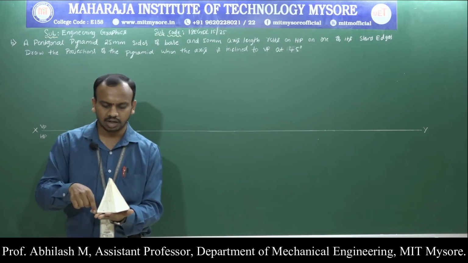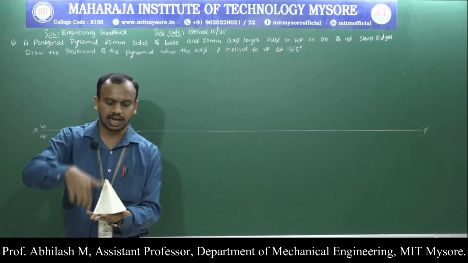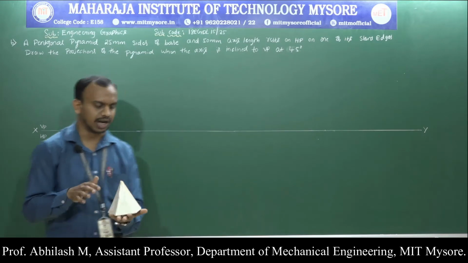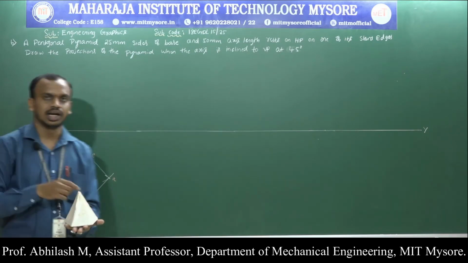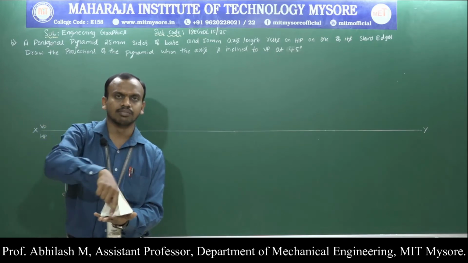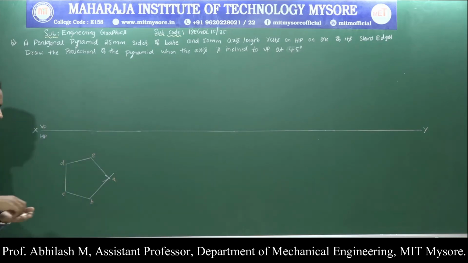Along with that, I can also see the slant edges, the three slant edges, when I look from the front view. But as of now, since we are drawing only the first position, let us think only of the top view. I can see all the base edges. So let us tick that particular part and then we'll move further.